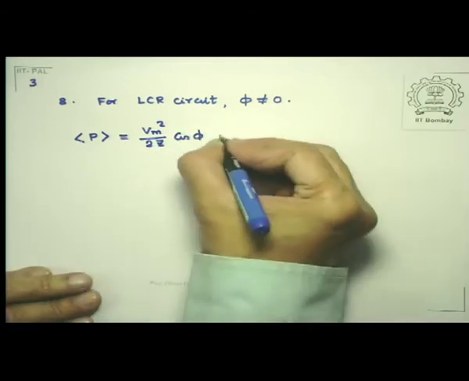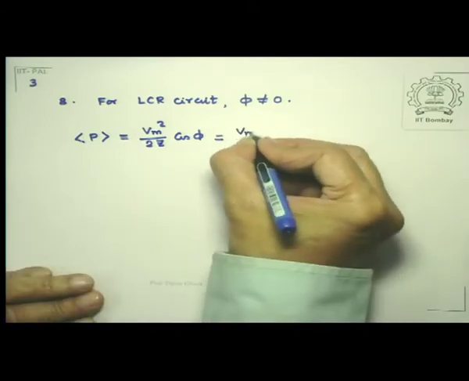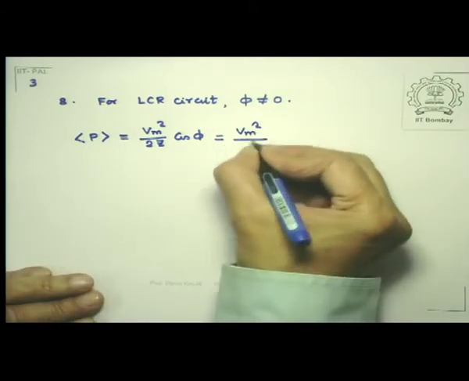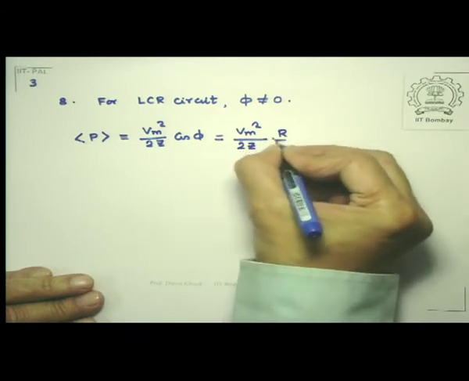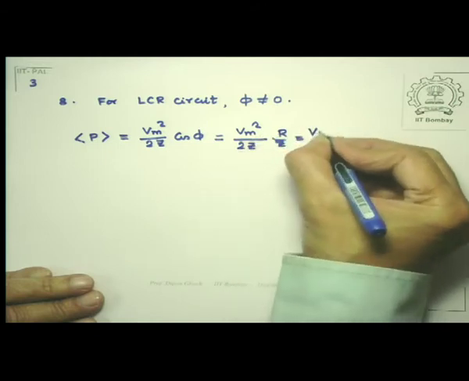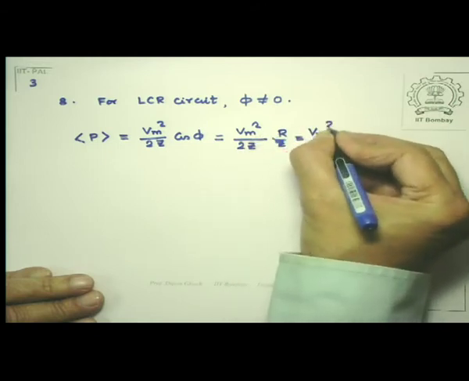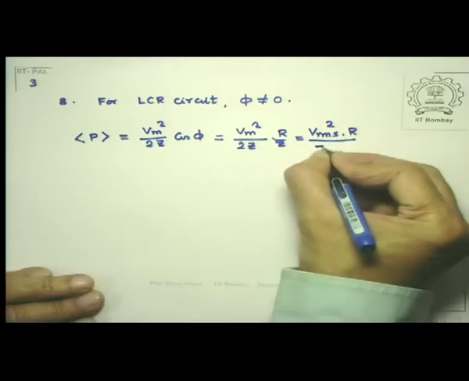And as I had seen that cosine of phi is given by R over Z, so it is Vm square over 2Z into R over Z, so equal to, since Vm square by 2 is V rms square, so we write it as V rms square times the resistance divided by Z square.